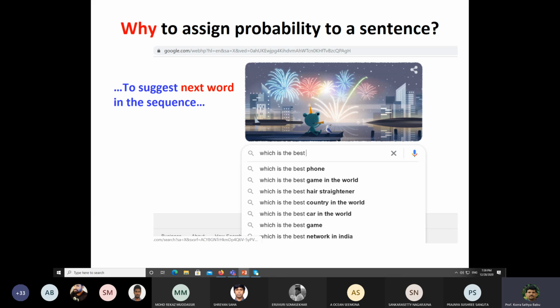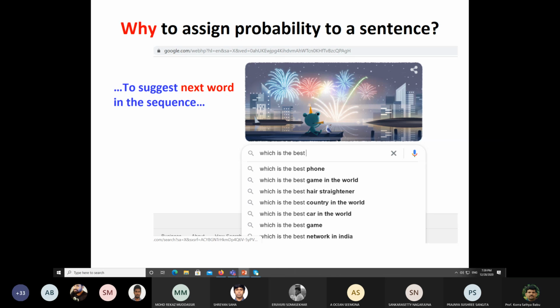Then followed by game in the world, followed by hair straightener, followed by country in the world, followed by car in the world, followed by game, and followed by network in India. These are the few top probabilities for the sentence which is the best.